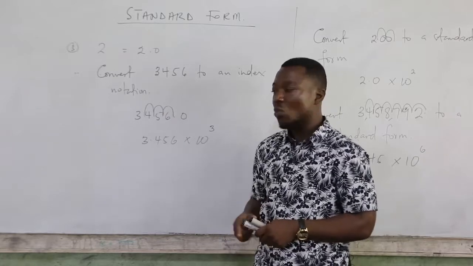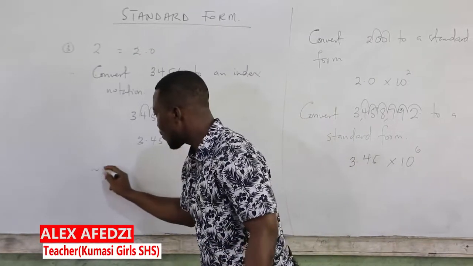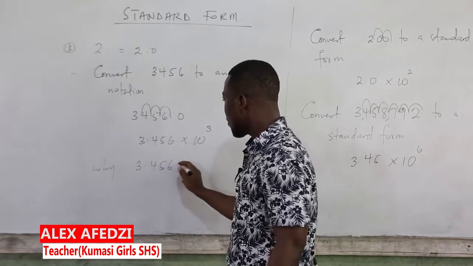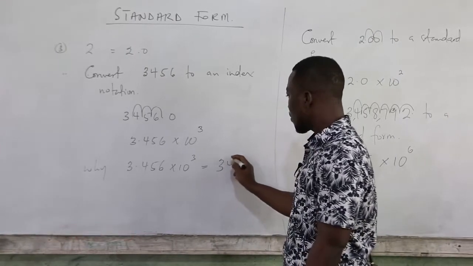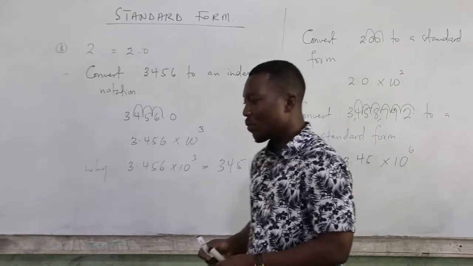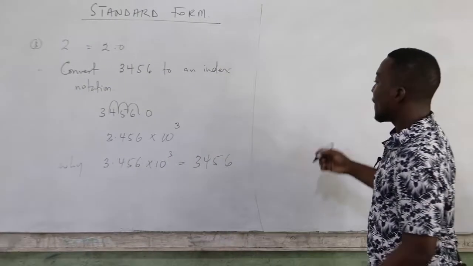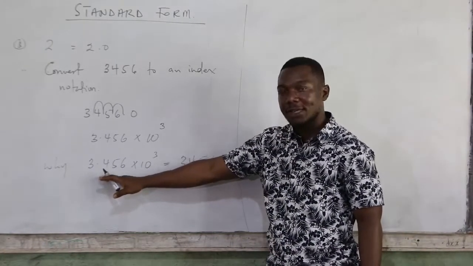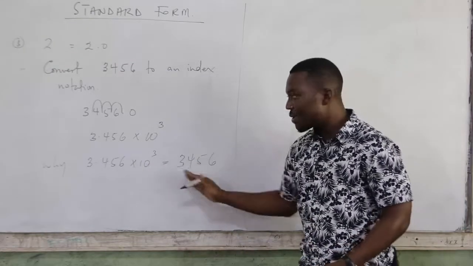Now let's look at why these two figures are the same. All right, so we have 3.456 times 10 raised to the power 3. We would like to see if these figures are the same.